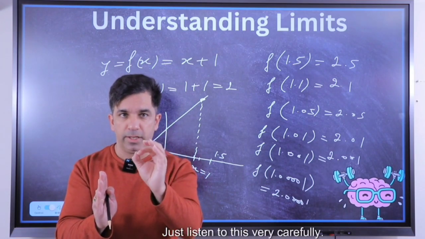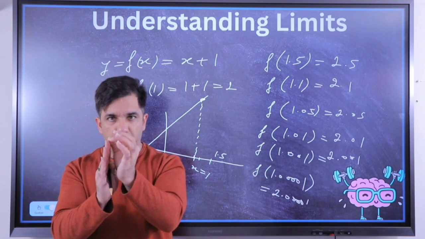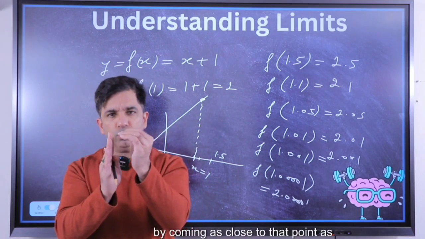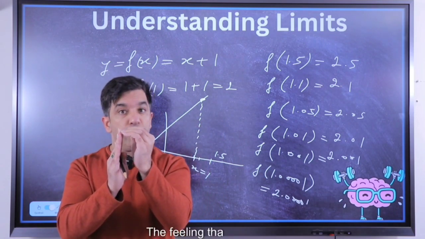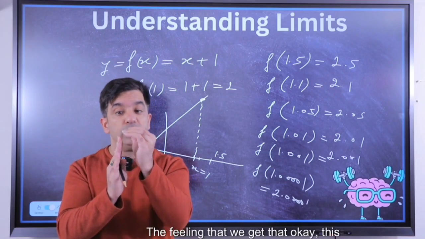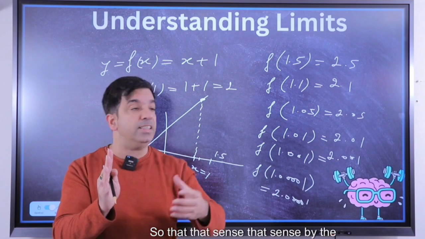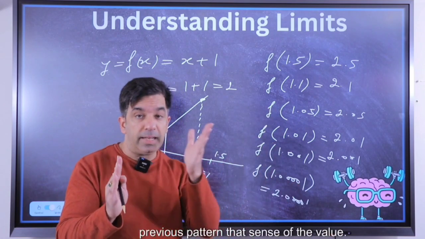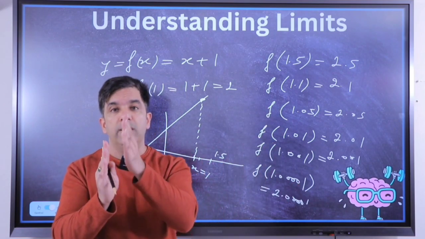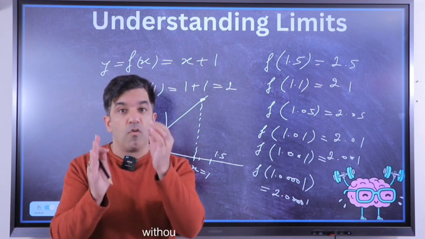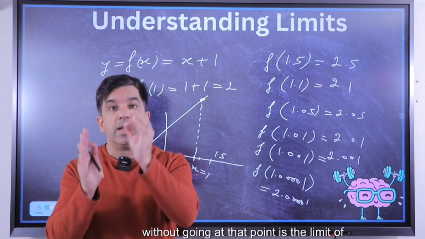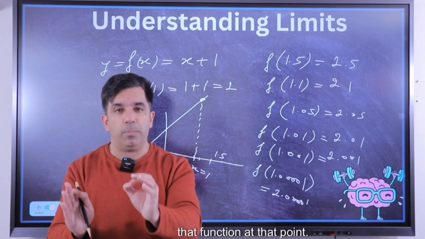Just listen to this very carefully. Without going at that point, by coming as close to that point as possible, the feeling that we get that, okay, this would be the value of this function at this point. That sense, by the previous pattern, that sense of the value that we are getting without going at that point is the limit of that function at that point.